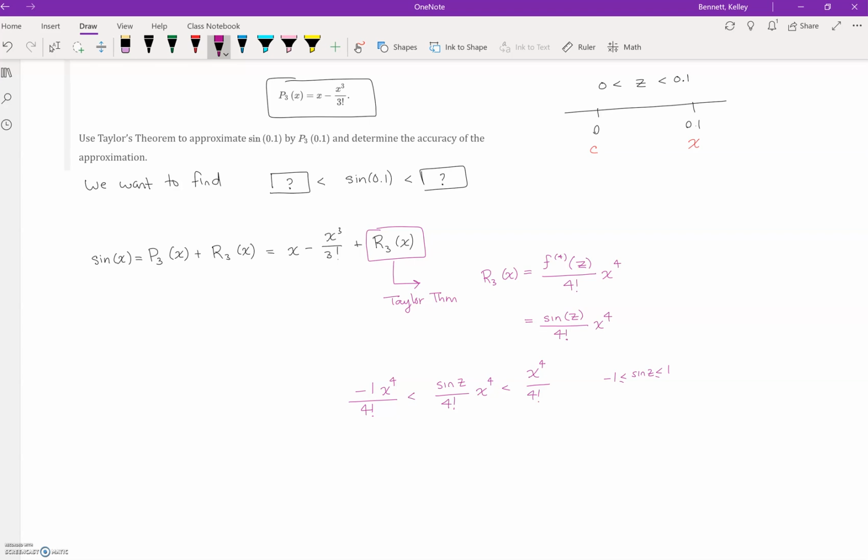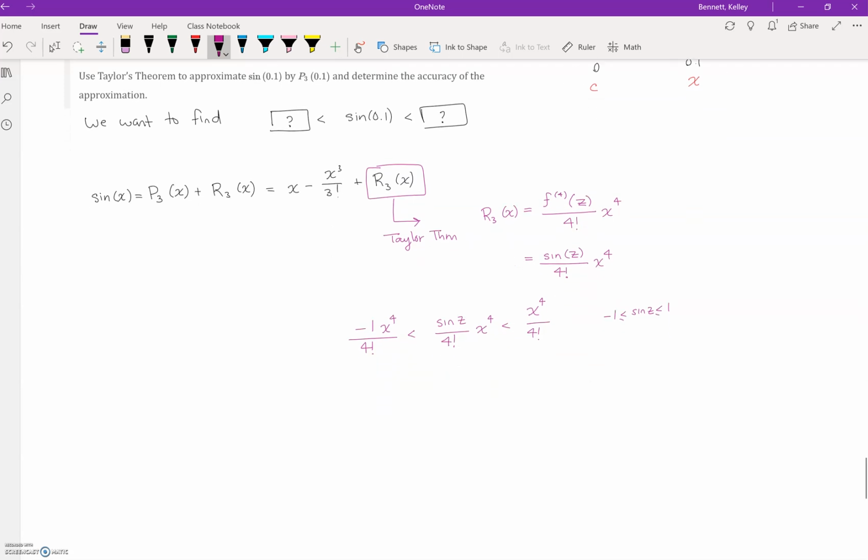So now what we'll have is a lower bound for what our worst case on the left side is for the remainder, and then an upper bound for the remainder.